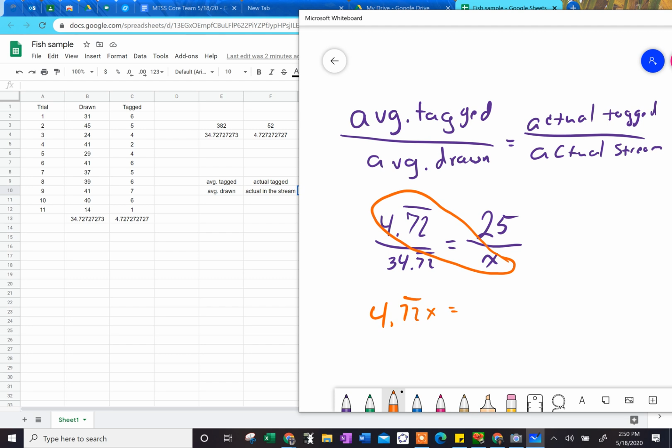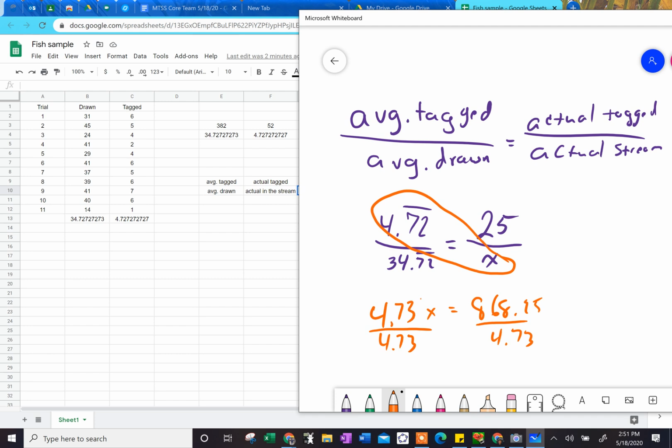Let's see, 25 times 34.72. I'm going to round it to 34.73. And that gives me 868.25. And because I don't really want to work with repeating decimals, I'm going to round this one to 4.73 as well. Now I'm going to divide by 4.73.